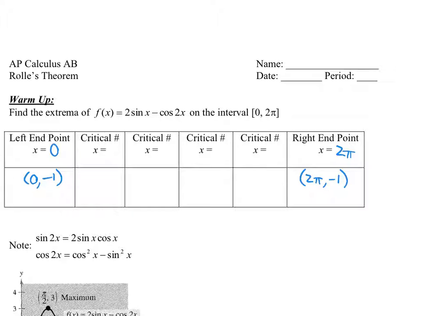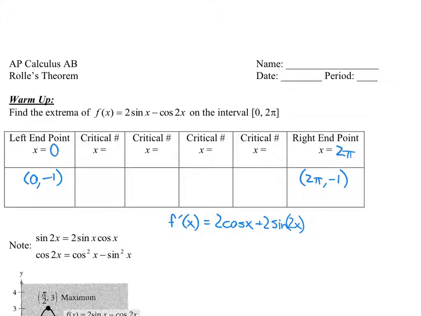If I do the derivative as it is right here, f prime of x is going to be 2 cosine x minus derivative of cosine is negative sine, so that's going to be a plus sine of 2x times the derivative of 2x, so that's going to be times 2.